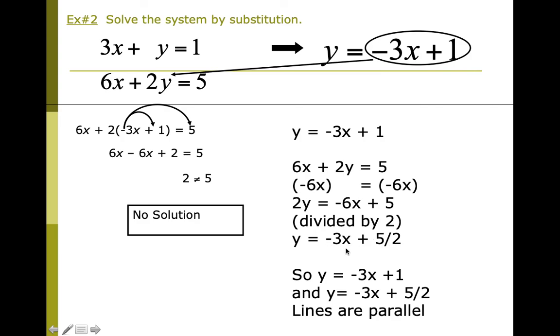They have the same slope, negative 3x, negative 3x, but different y-intercepts, positive 1 and positive 5 over 2. That means they're parallel. If they have the same slope but different y-intercepts, they're parallel to each other. That means they never actually intersect, so there is no solution for that set of formulas.